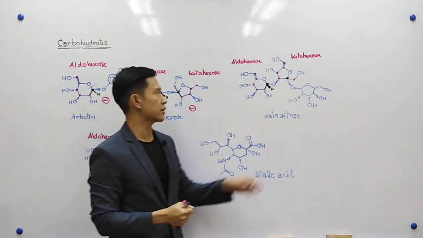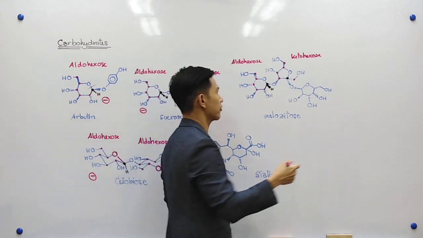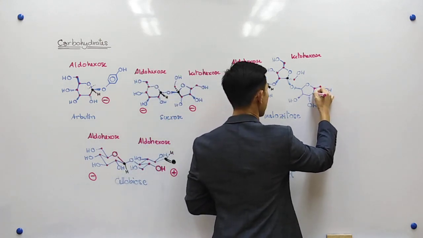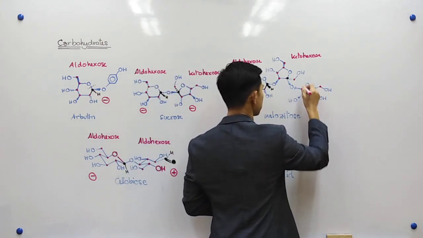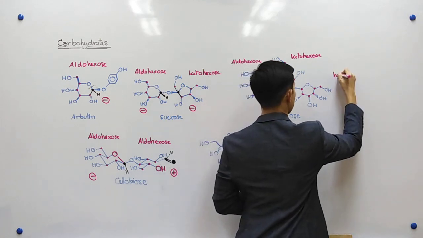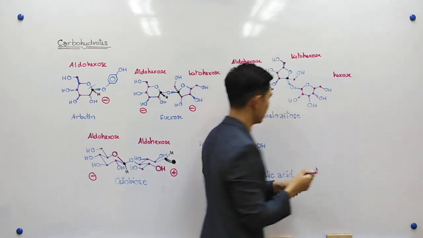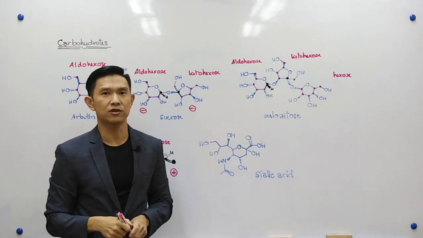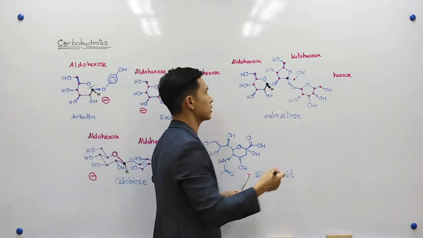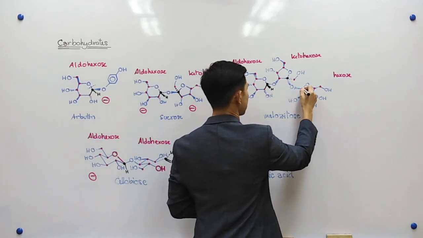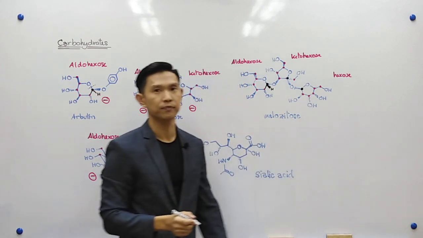Now come to the last ring on the right hand. Number of carbons over here, 1, 2, 3, 4, 5, and 6. Hexose sugar again. And if you look at your glycosidic carbon, or the carbon connecting with 2 oxygen atoms, so this is your glycosidic carbon.